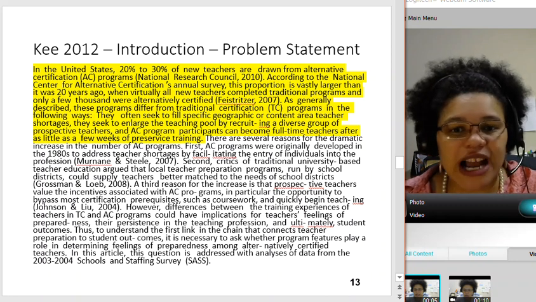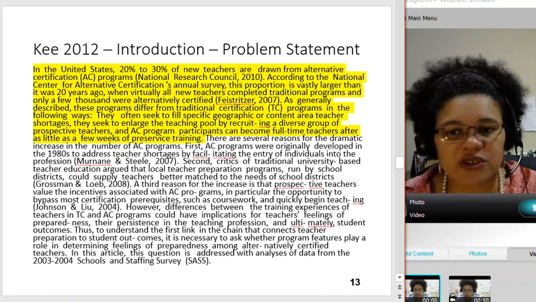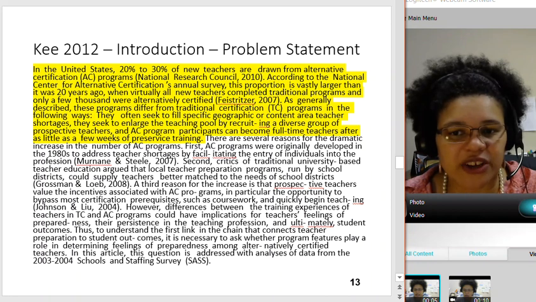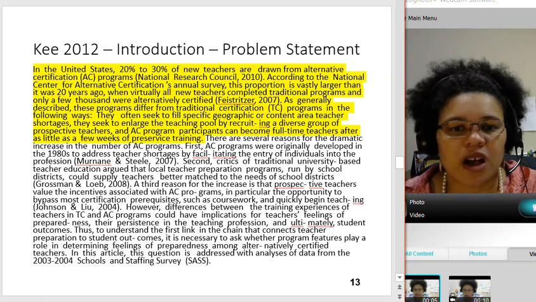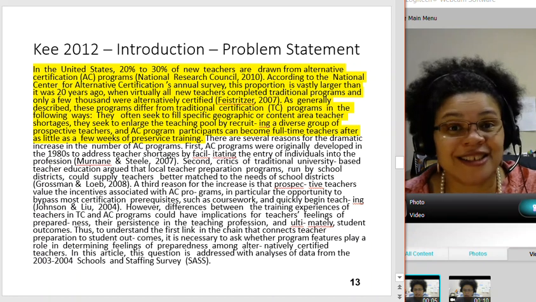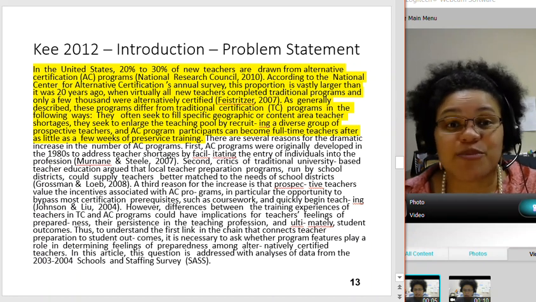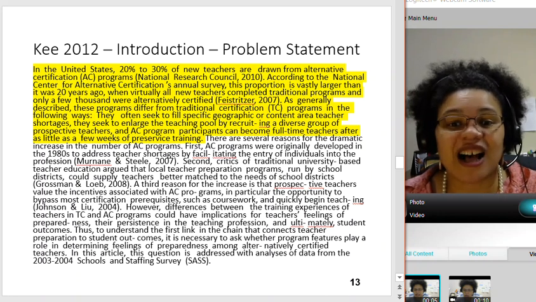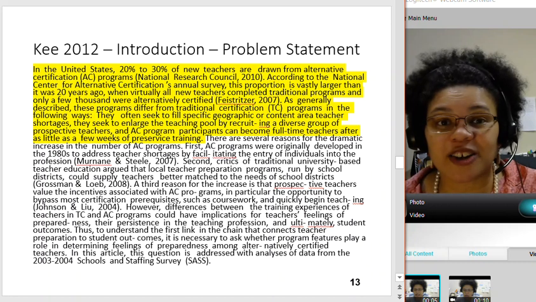And then I give a definition essentially. As generally described, these programs differ from traditional certification programs in certain ways. They want to fulfill a specific geographic or content area shortage. They want to enlarge the teaching pool by recruiting a diverse group of teachers, and participants can become full-time teachers after as little as a few weeks of pre-service training.